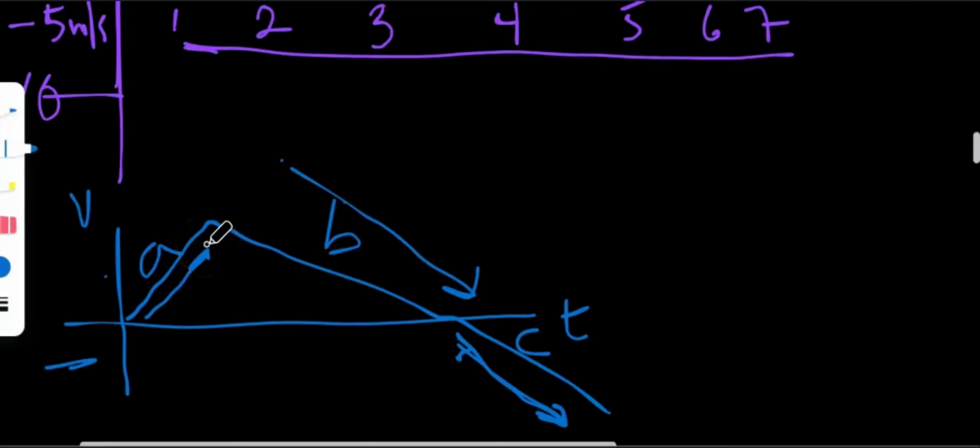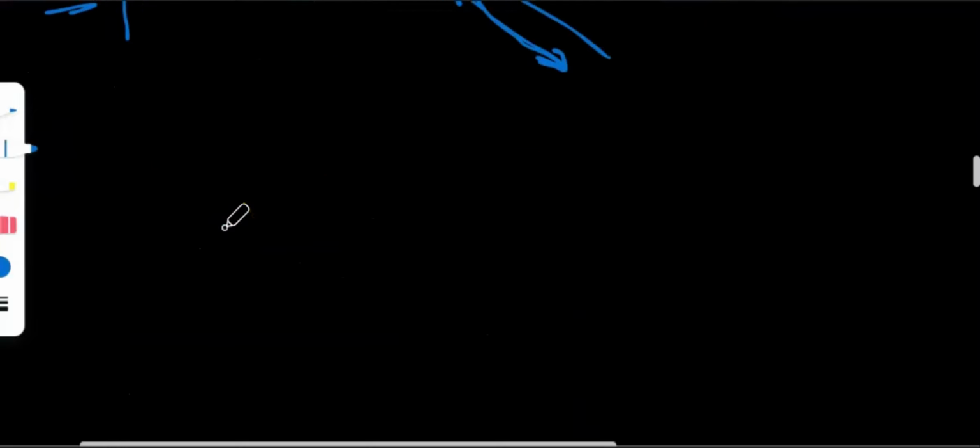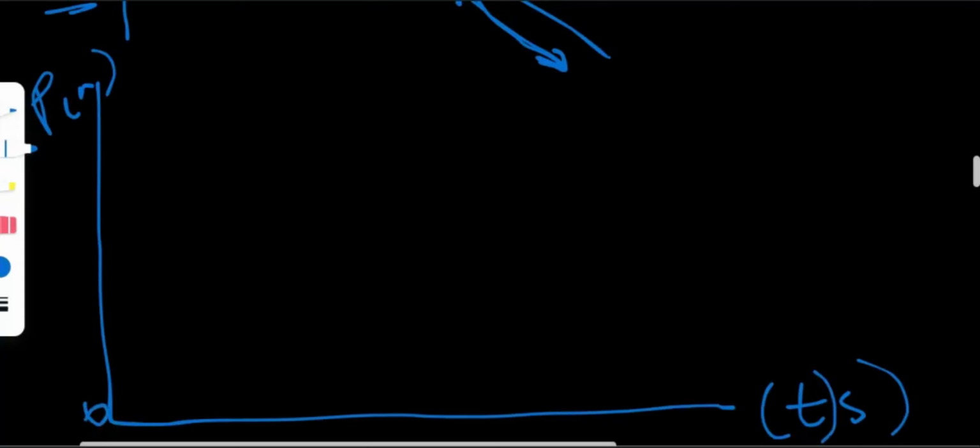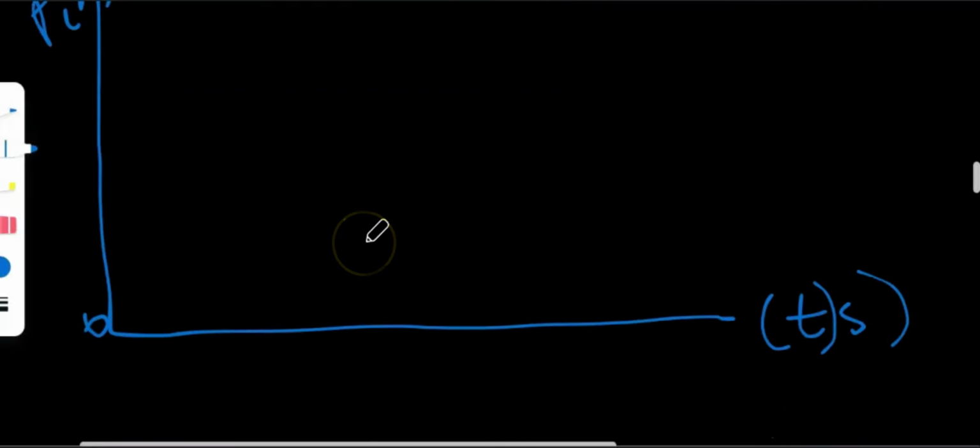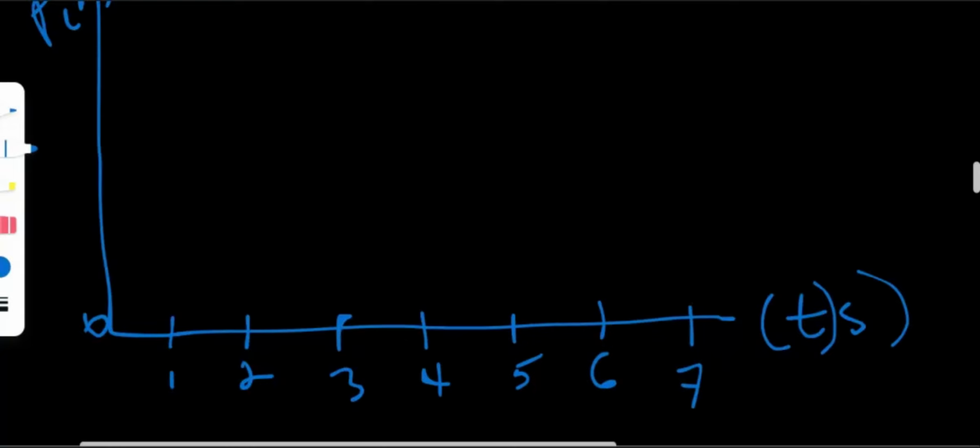So the corresponding position versus time graph for this would be, let's draw here. This is the position line, this is the time graph. Let's call this P in meters, and this is T in seconds, right? Starting from 0, let's number this time: 1, 2, 3, 4, 5, 6, and 7.